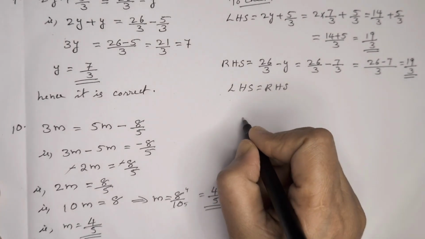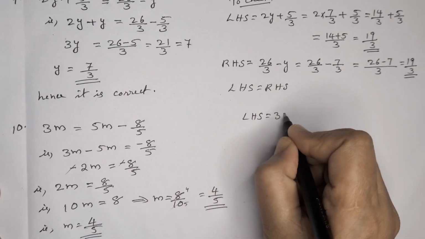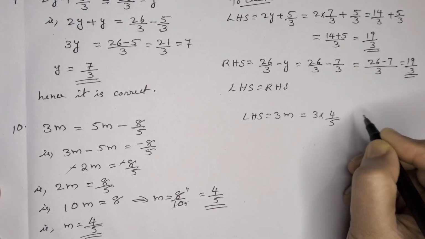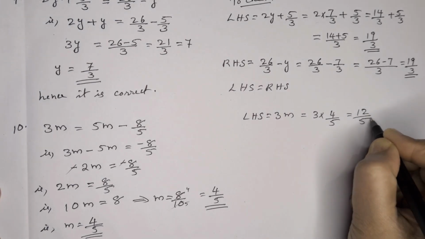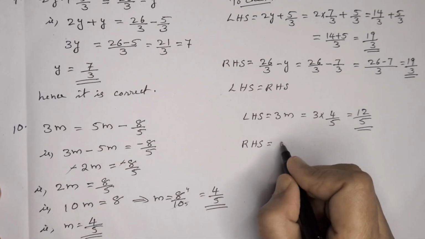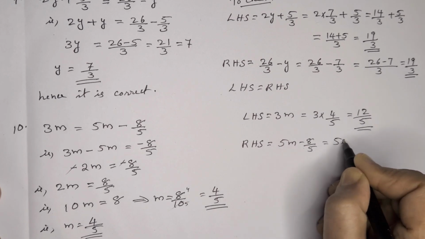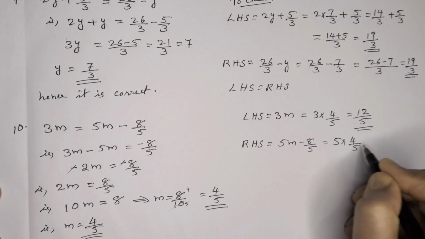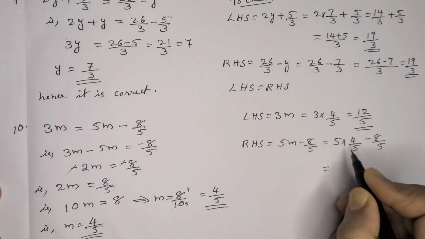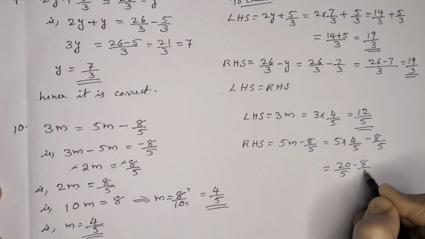Now we can check. LHS is 3m, which is equal to 3 × 4/5 = 12/5. RHS: 5m - 8/5 is equal to 5 × 4/5 - 8/5, which is equal to 20/5 - 8/5.